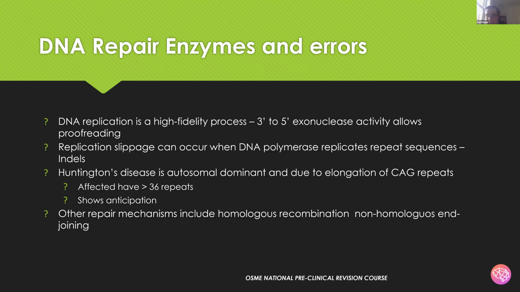The number of repeats changes in successive generations, and you can have the phenomenon of anticipation, where the age of onset of disease is earlier in subsequent generations, and the phenotype becomes progressively more severe. Symptoms of this include athetoid choreiform movements, impaired communication, and depression.